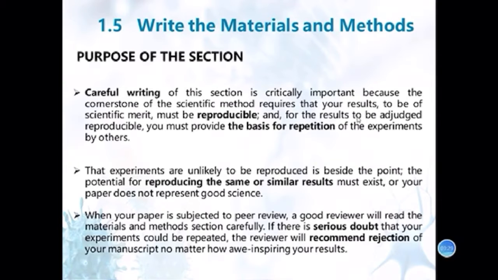And for the results to be reproducible, you must provide the basis for the repetition of the experiments by others. Sometimes others can repeat your experiment by reading your materials and methods part.